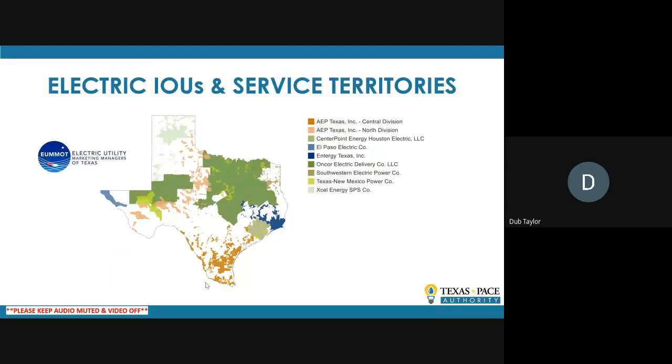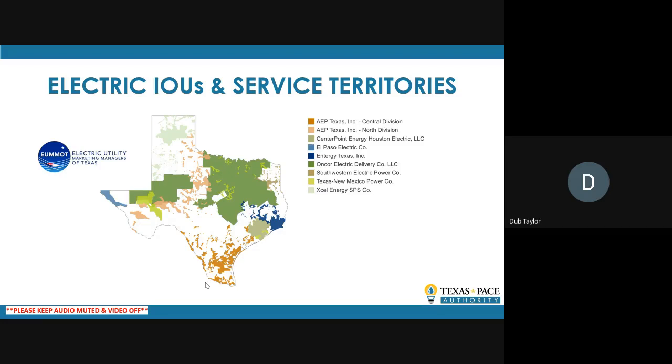So for investor-owned utilities, this is the map that shows the coverage. And as you can see, I mentioned 9 before. So you have AEP, 2 different companies, the Central and the North Division. You have CenterPoint, which is generally the Houston area. El Paso Electric, obviously in El Paso and far west Texas. Entergy, which is southeast Texas, the deep blue there.